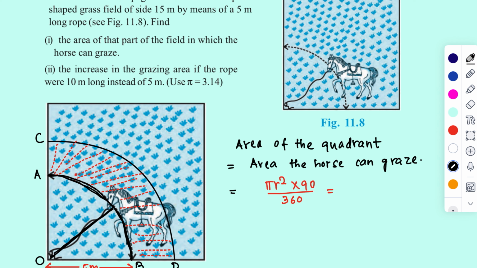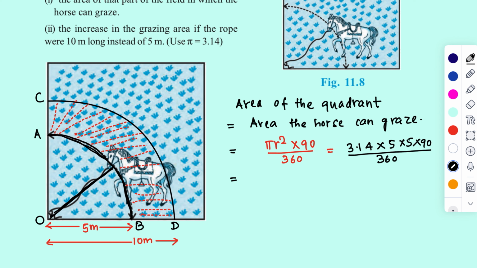So we can write this as value of pi is given as 3.14 into r square, r is 5 into 5, divided by 360 multiplied by 90.